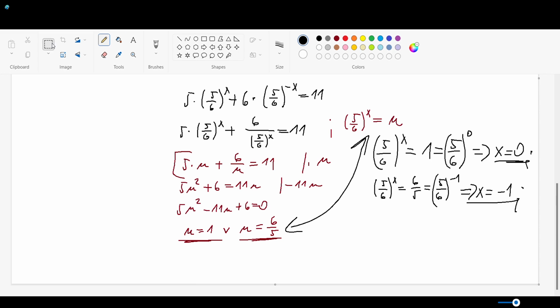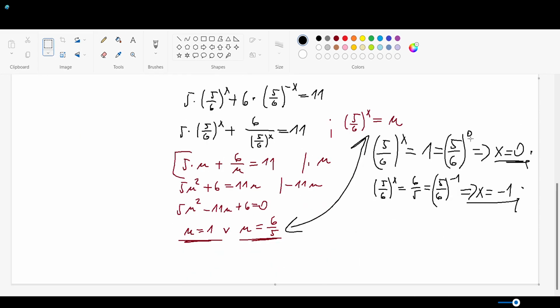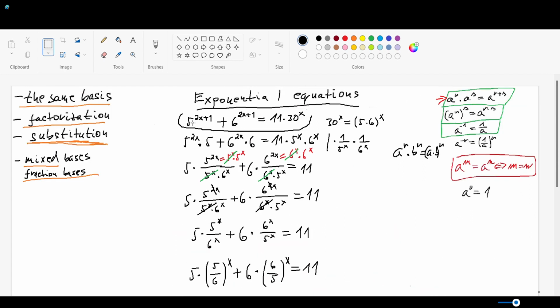Okay, so this is our solution. Now I'm not sure if I want to do this, but let's do it, like kind of exercise, and let's do the check if our calculation is really correct.